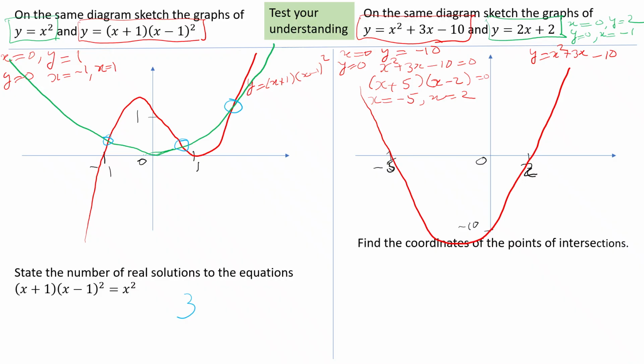So the coordinates are 0, 2, and negative 1, 0. The graph goes this way. So here the intersection points, 2 points.